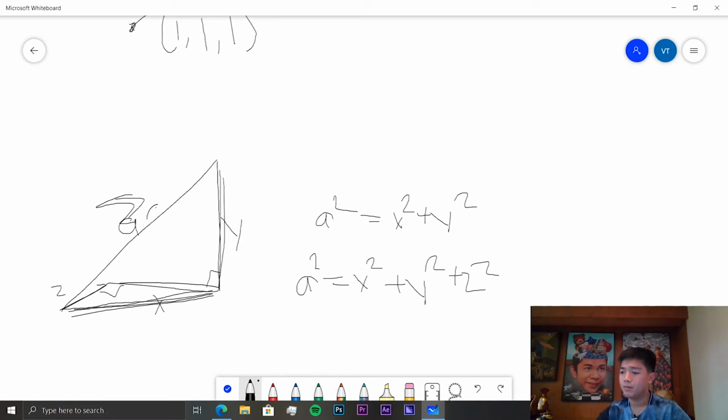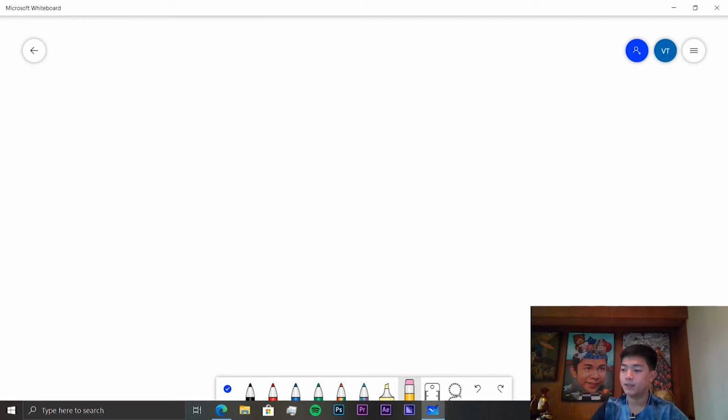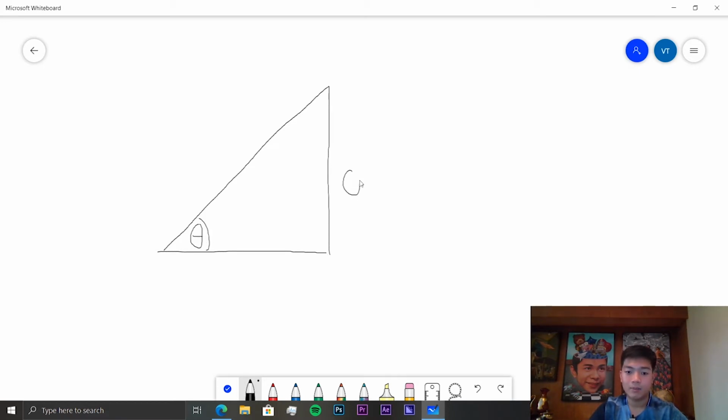And now, apparently, we need to go over some trigonometry in 3D space. But to do that, let's give a refresher of trigonometry in 2D space. If we have a triangle like this, and we have an angle here, then this is opposite, hypotenuse, and adjacent.